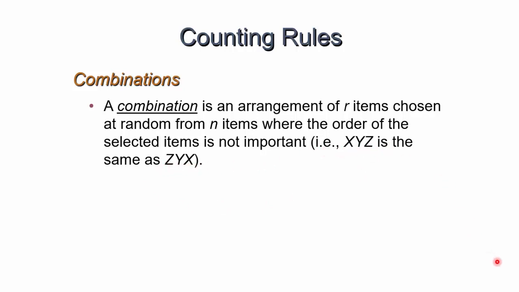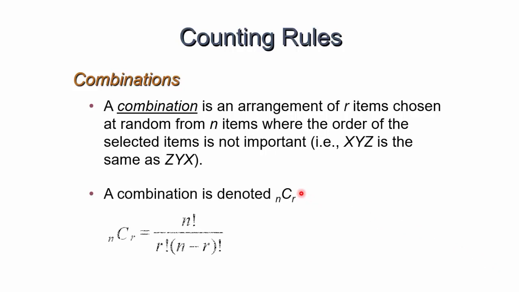So they do not make a different element. Combination is denoted by nCr, n combination r, normally used in binomial applications. The way you calculate nCr is n factorial over r factorial times n minus r factorial.